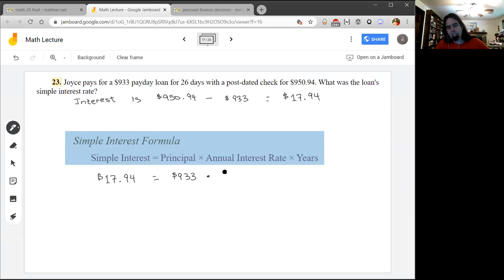And the interest rate, we aren't told. This again, I could do 25 over 365, which looks more like a fraction of 1 year, but I'm going to write it as 26 divided by 365 because that fits in the calculator better.